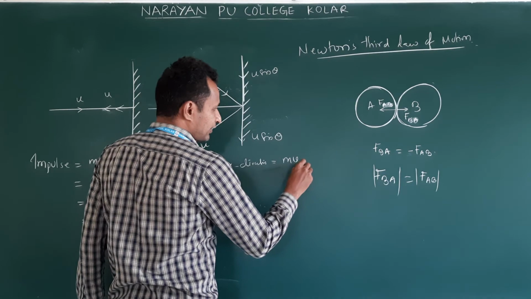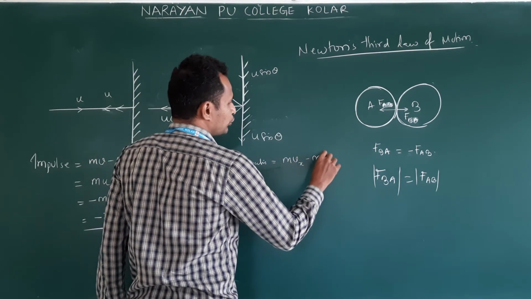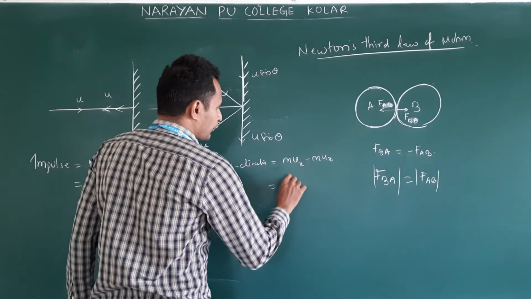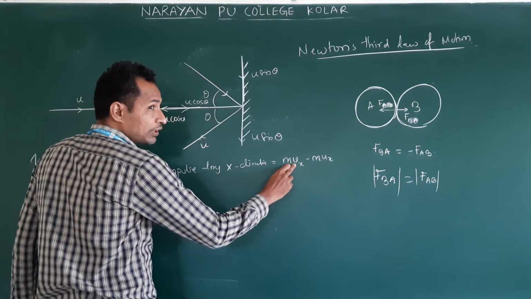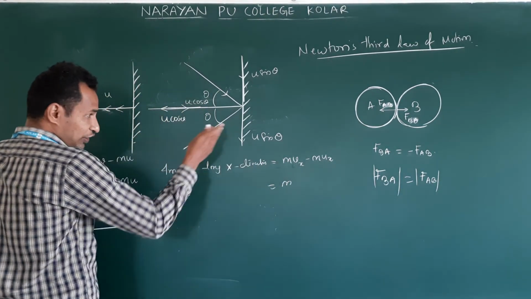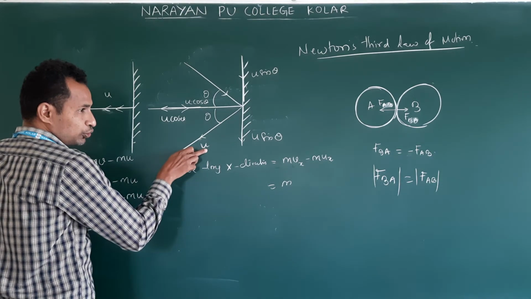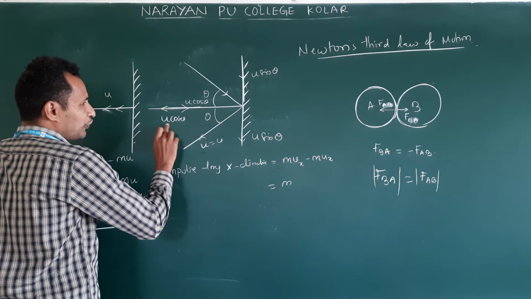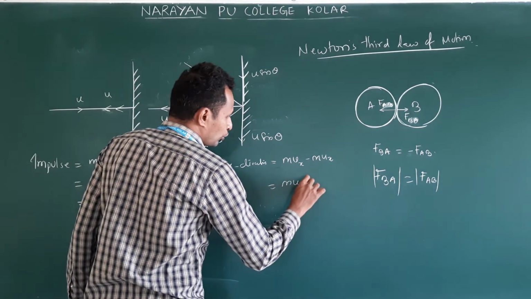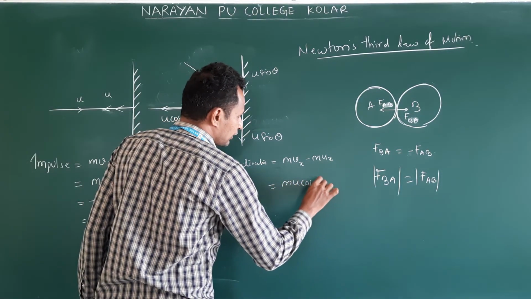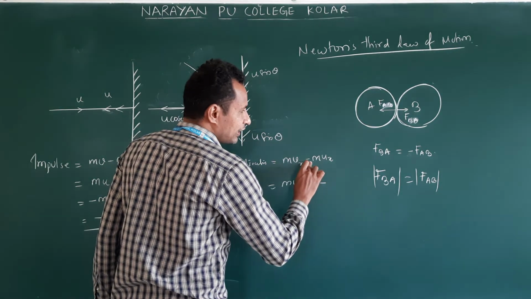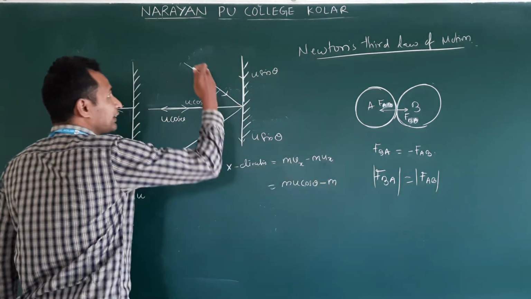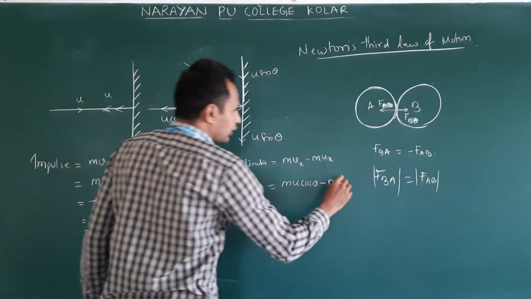Then how do we write it? m v along x direction minus m u along x direction. What is the v along x direction after reflection? They have given it as u cos theta. Minus, already in the formula, m times the initial velocity, that is u cos theta.